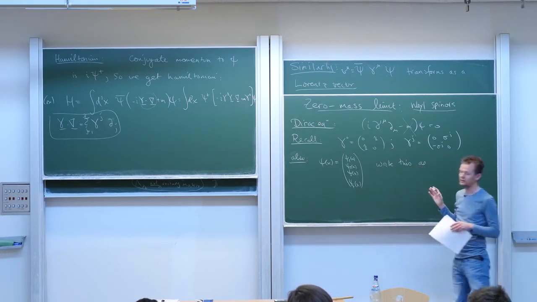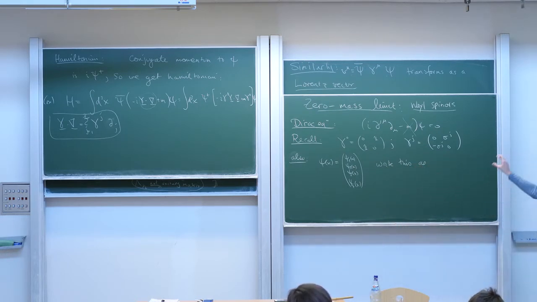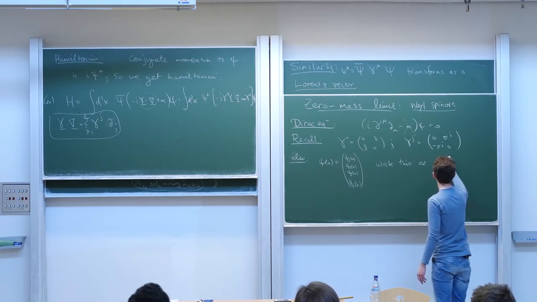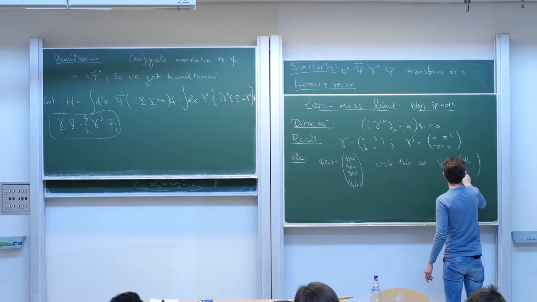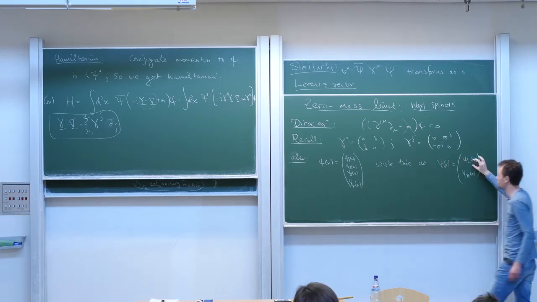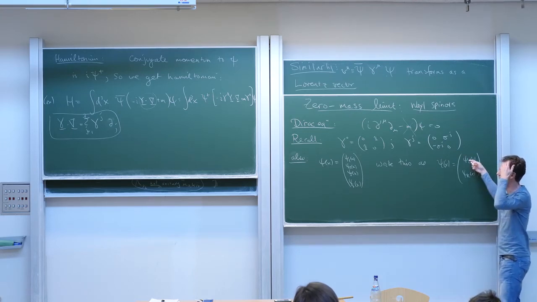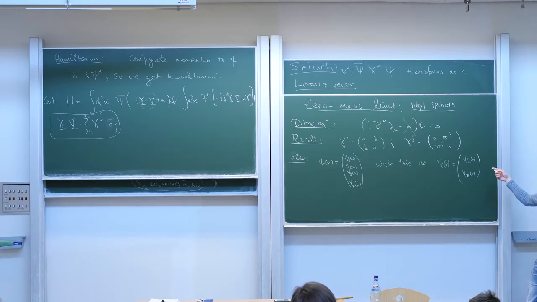Now, to make that clear, we're going to write our 4-component Dirac spinor as two two-component spinors stacked on top of each other, like this. This is going to be useful later on when we actually solve the Dirac equation.